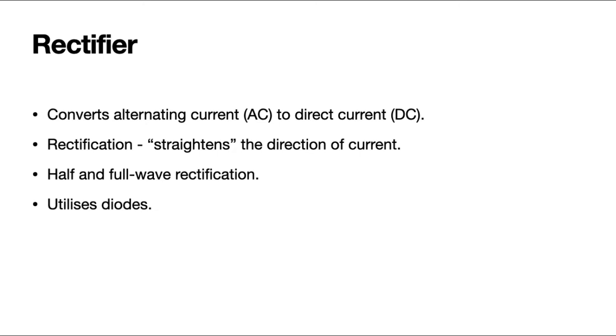In our case, we are using the full-wave rectification because we need to utilize both the directions of the AC source. A rectifier utilizes diodes to convert the two directions of current into one direction, since diodes only allow one direction of current.